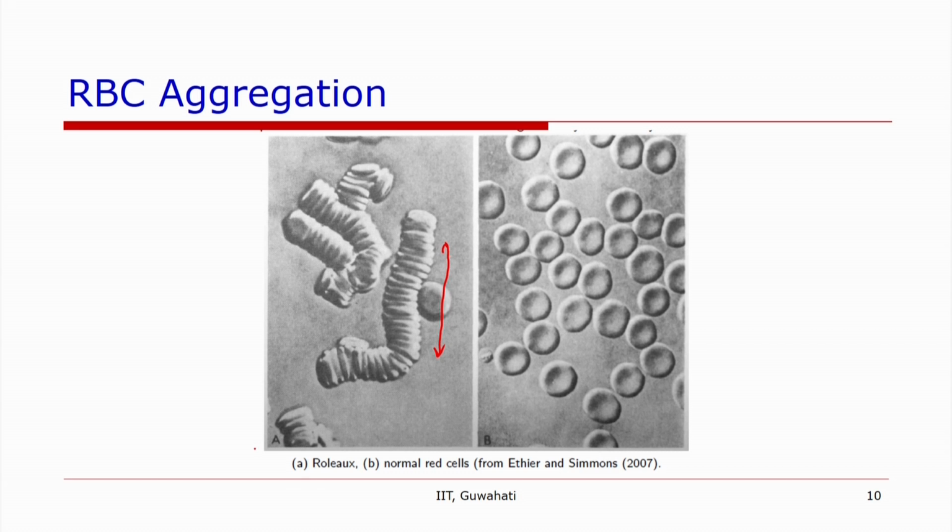What you see here on the left hand side is at low shear or even at rest. So, they form a network of red blood cells at low values of shear, whereas at high shears the RBCs are separated from each other, and these stacks are known as rouleaux.